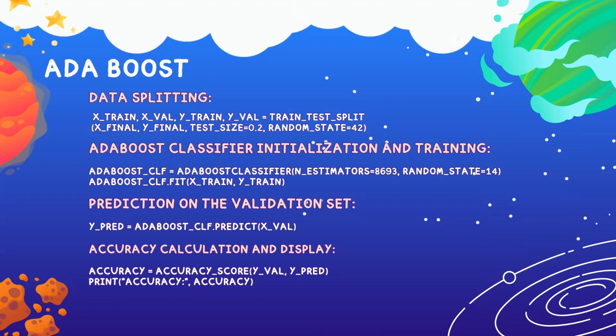The next is weight adjustment. Weak learner weights depend on their performance. Lower classification errors result in higher weights. The next is updating sample weights. Weights of samples are adjusted based on a weak learner's performance, boosting focus on the misclassified samples. The next is combining weak learners.